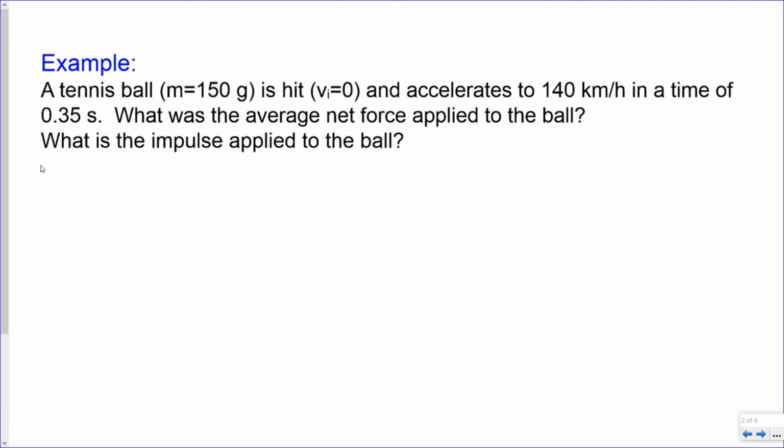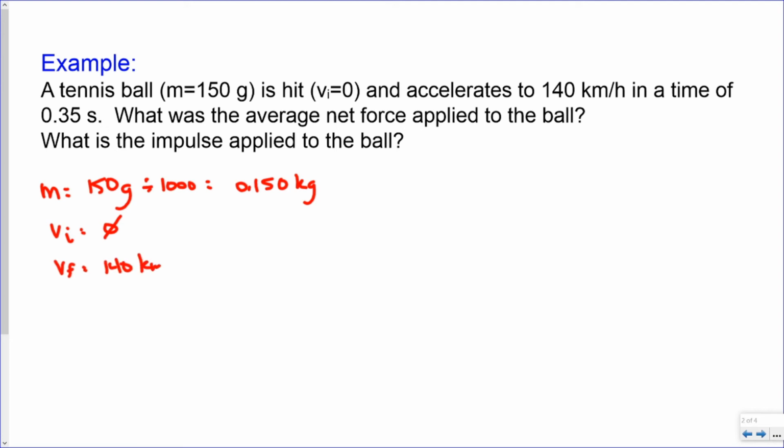Let's write down what we know. We are given a mass of 150 grams. We always want to turn it to kilograms, so we'll divide by 1,000. That gives us 0.150 kilograms. We have Vi is 0. It accelerates to 140 kilometers per hour, so that would be our Vf.